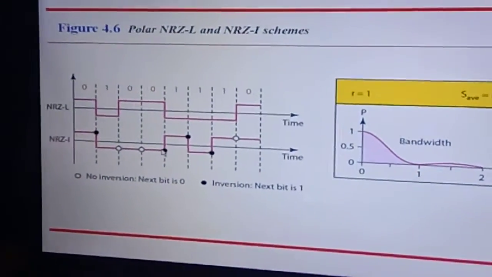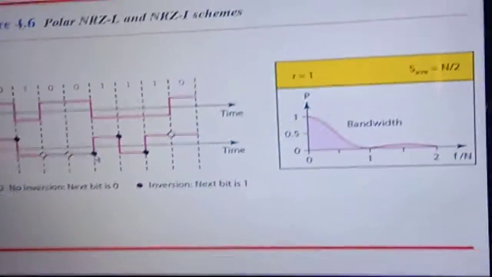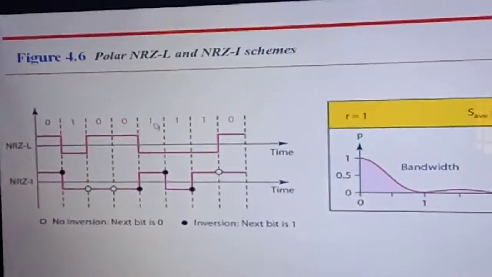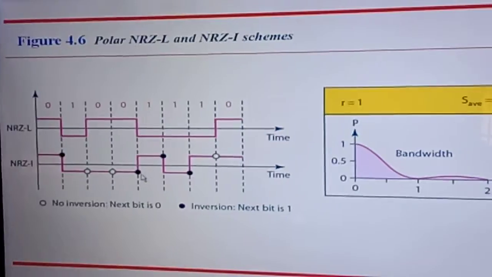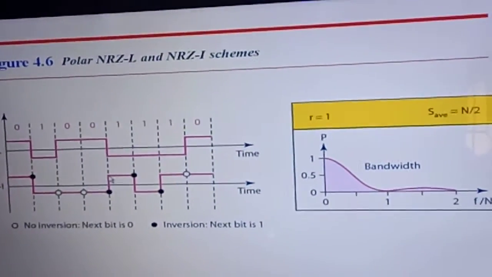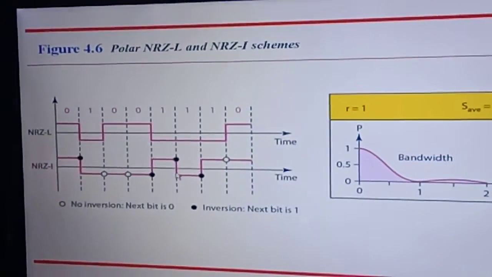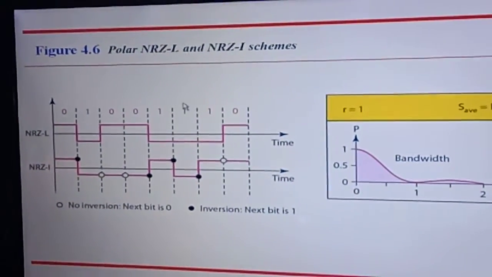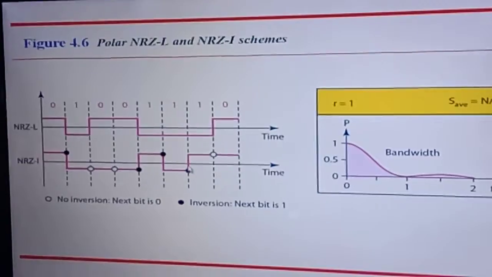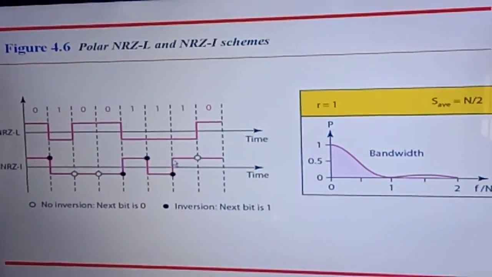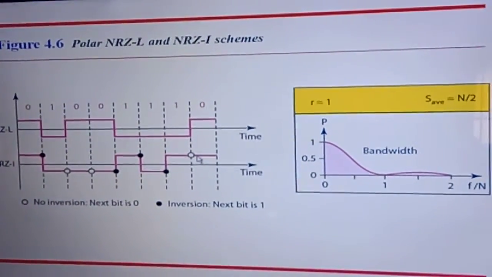When the signal changes again from negative to positive, that is 1. Again from positive to negative, 1. And from negative to positive, 1. And again, if there is a 0, the signal stays the same.